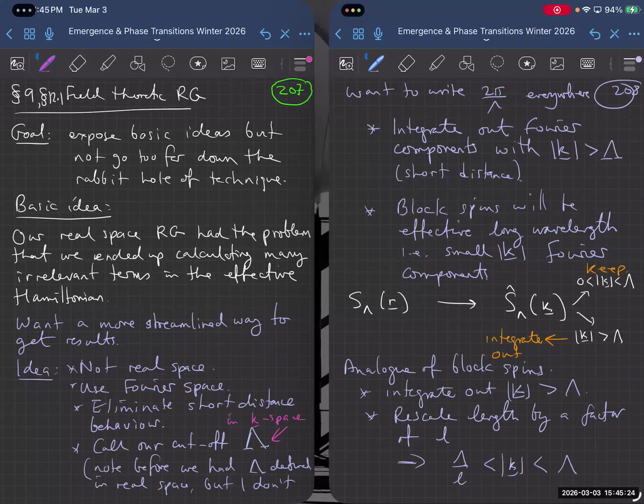So what we're going to be doing is integrating out shells in momentum space. And that's the basic analog of doing block spinning. So let me draw you a picture.